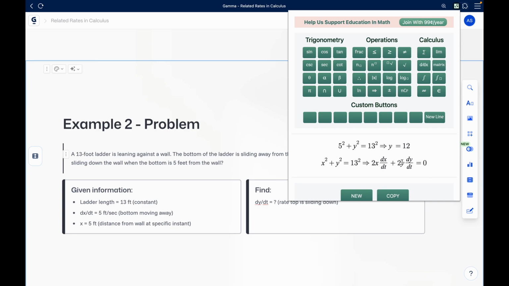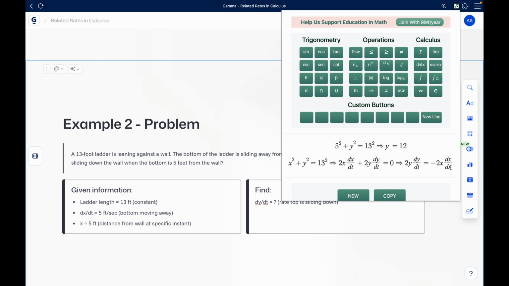Now we have to solve for dy/dt because that's the quantity we're looking for. First we'll bring the term with dx/dt to the other side. So 2y multiplied by dy/dt is equal to negative 2x multiplied by dx/dt. After this, we divide both sides by 2, so that just becomes y dy/dt.